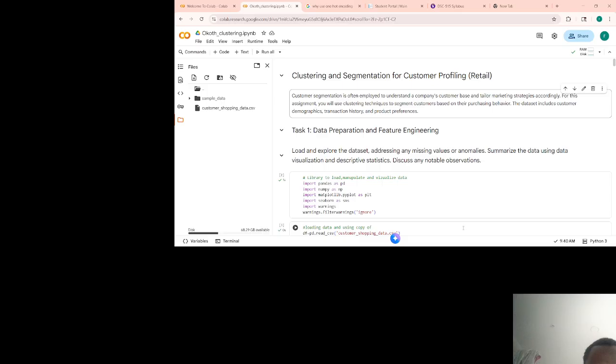This week we have been majorly focusing on clustering and segmentation with interest in retail customer profiling.